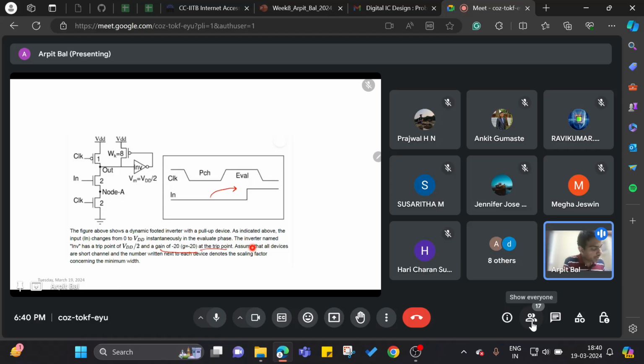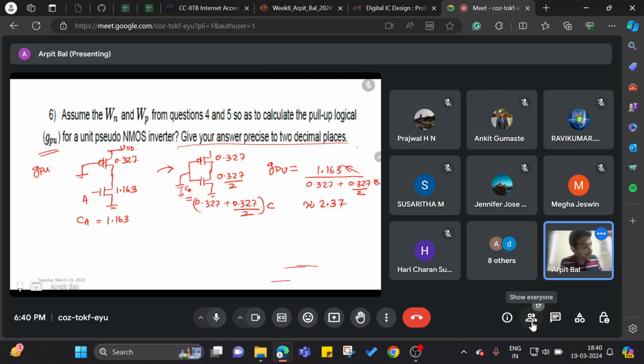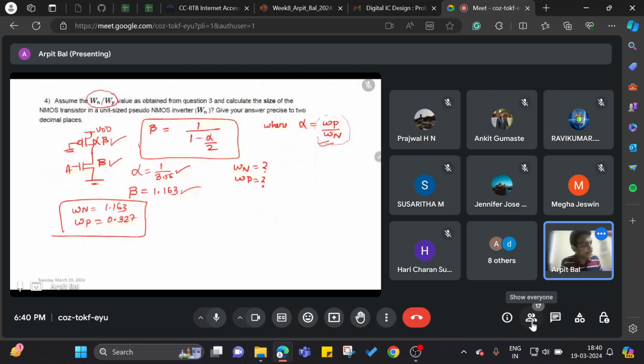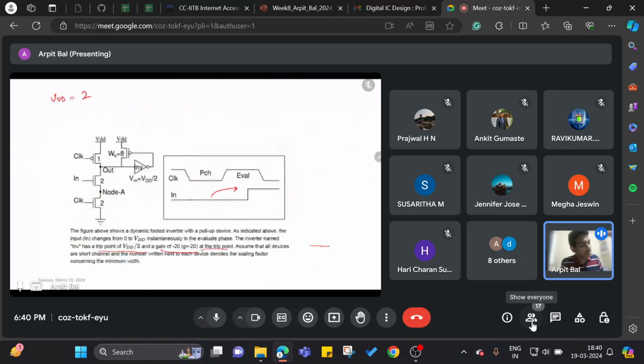The trip point is given as VDD by 2, and VDD equals 2. So the VDD value was mentioned earlier. So VDD is 2 volts, and our VM equals VDD by 2, that is 1.